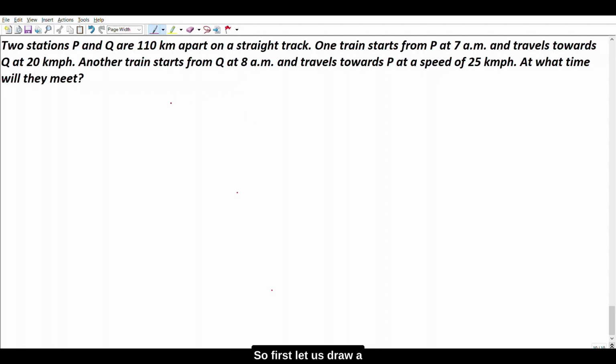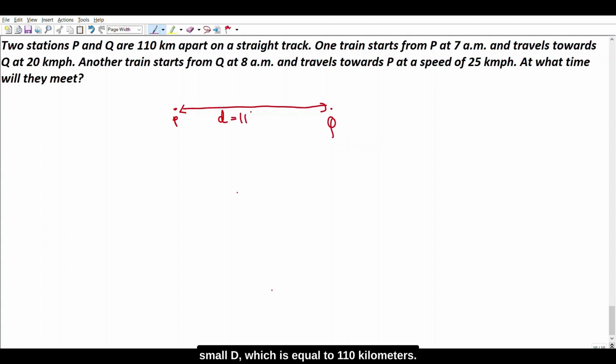So first let us draw a pictorial representation of this example. Let this point be P and this point be Q. Let the distance between P and Q be small d, which is equal to 110 kilometers.